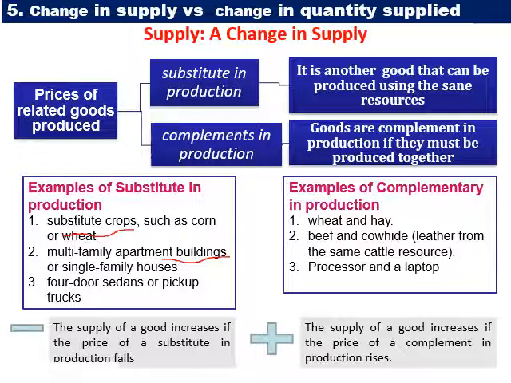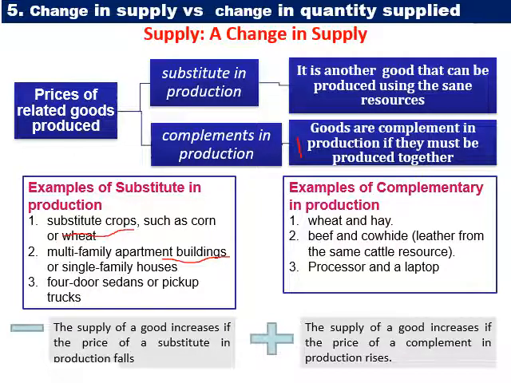On the other hand, complementary in production means goods that are produced together. For example, we have complements in production such as wheat and hay. Also, we have another example, which is beef and cowhide.